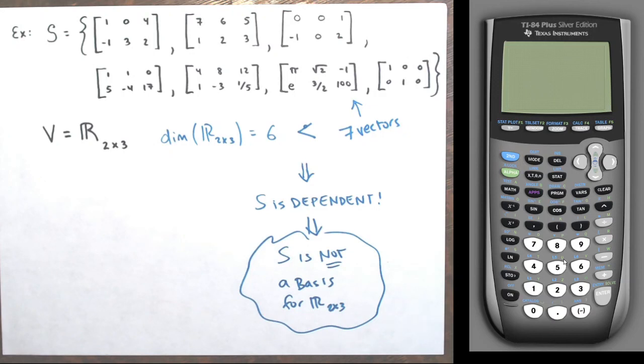Remember, no matter what the vectors look like, whether they be matrices or polynomials or Euclidean vectors, when you check for independence or check whether the set spans the vector space, you're setting up a system of equations eventually, and in both cases you'll have the same coefficient matrix. You put that coefficient matrix in reduced row echelon form and check for rows of zeros to see if it spans or not. Check whether every column has a pivot to see if it's independent or not. It's simple as that when you boil it down.